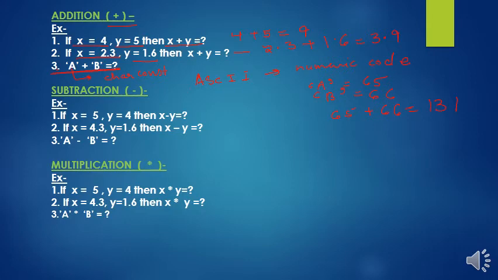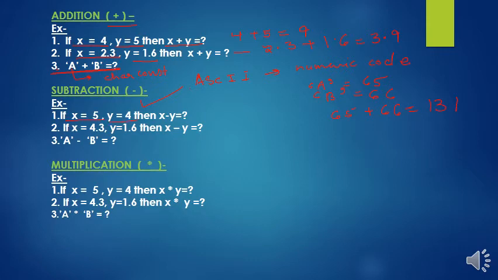Next is the second type of operator, known as the subtraction operator. This operator subtracts the second operand or value from the first. So here see the example. The value of x equal to 5 and y equal to 4.